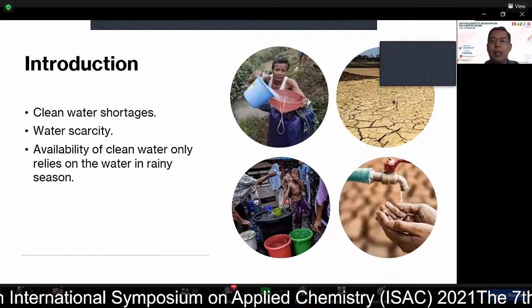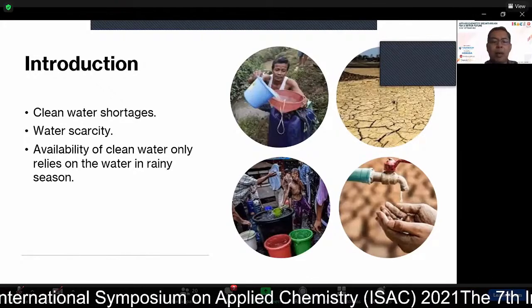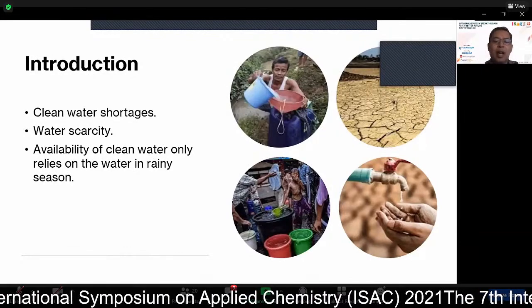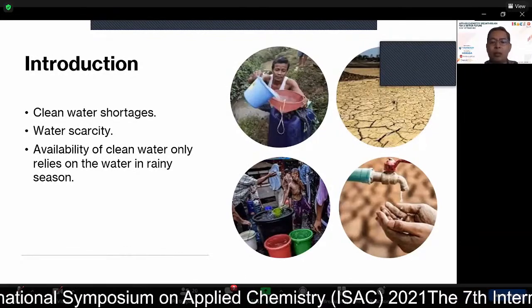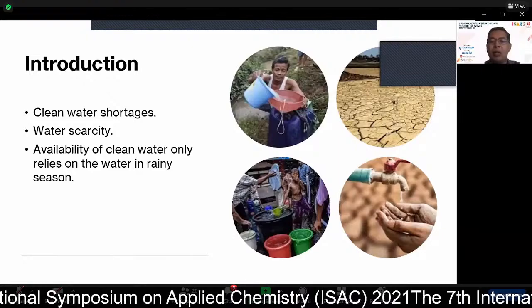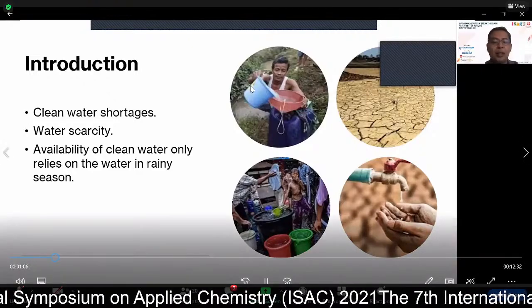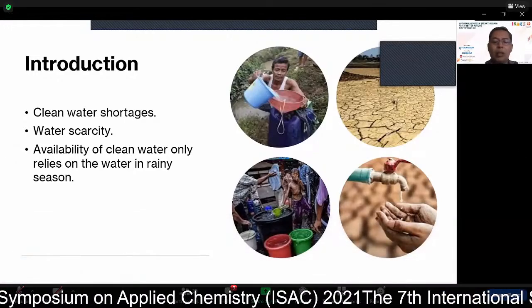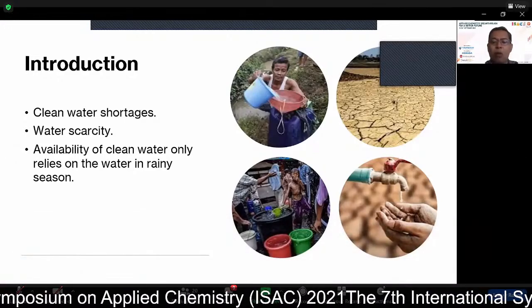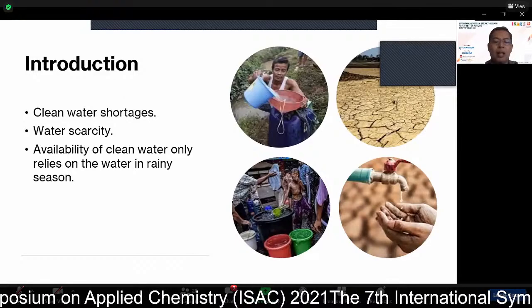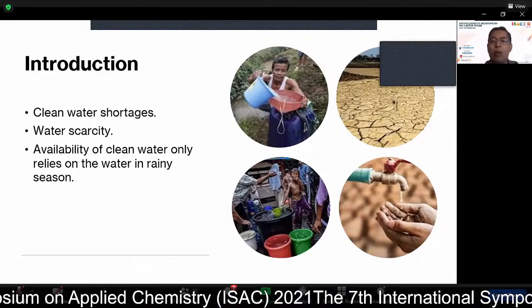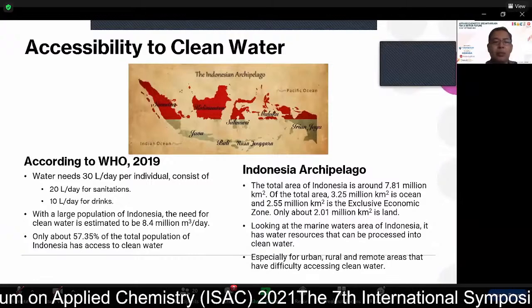The increase in the world's population has an impact on increasing the need for access to clean water sources. But along with the drastic climate change, the scarcity of clean water is increasing. Therefore, alternative efforts are needed in providing clean water.